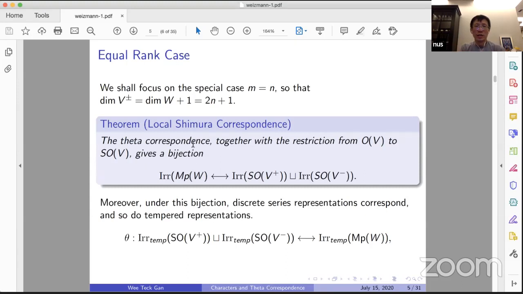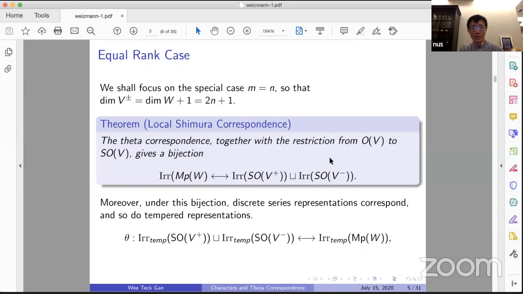An example of a good thing about focusing on this equal rank case is the following theorem that I showed with Gordon Savin some years ago. Consider the theta correspondence in this equal rank setting, between Mp(W) and O(V), but we can restrict from O(V) to SO(V), because V is odd dimensional. The orthogonal group is simply the direct product of SO(V) with the center of O(V), which is just plus or minus the identity.